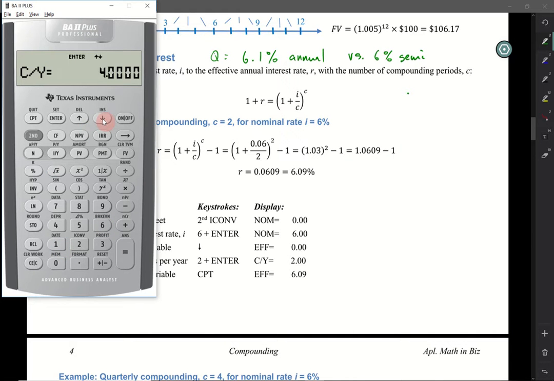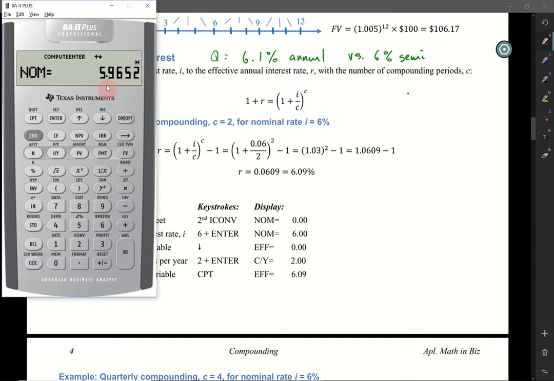On the other hand, some people might say, if there's a 6.1 effective rate, and we have quarterly compounding there, what is the nominal rate? So you can actually compute that. Let me say 6.1 and then enter. So we do 6.1 enter, and then I actually compute that.